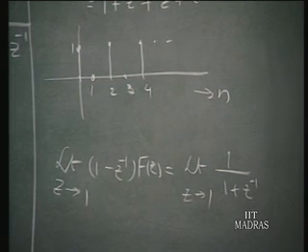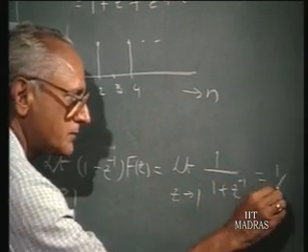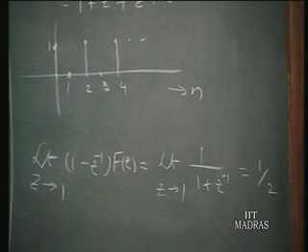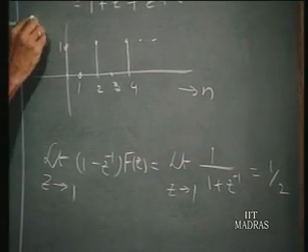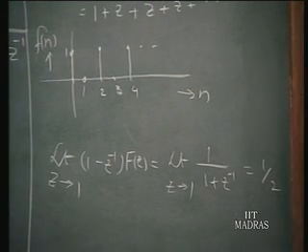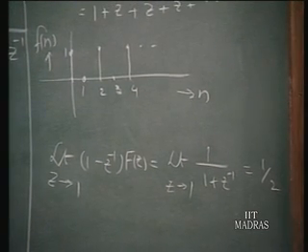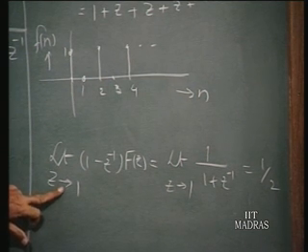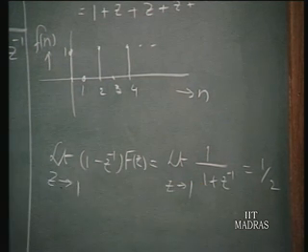When you substitute z equals 1 you get a value half. Right. But then this f of n that we are talking about is either 1 or 0, and when n goes to infinity you can't say what its final value is going to be. It's either 0 or 1, but the value you get as you take the limiting process is a definite value equal to half.